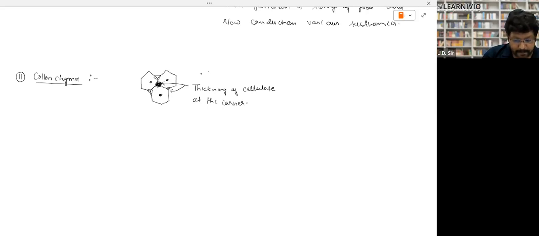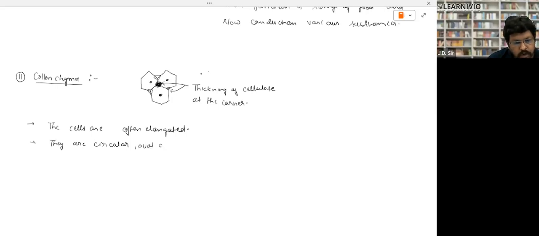The cells are often elongated. They are circular, oval, or angular in cross section.